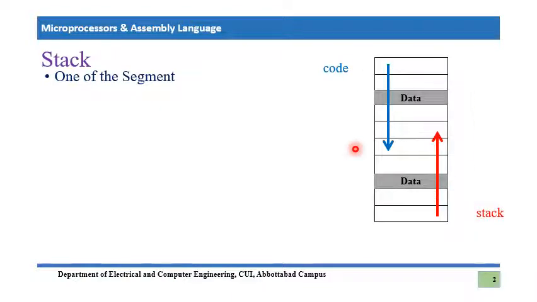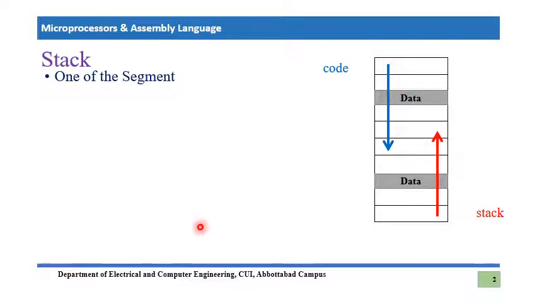We have only a single chip, and in a single chip we have several segments, so code is stored in the same chip, and similarly stack is also stored in the same chip. The only difference we see here is their sequential flow direction.